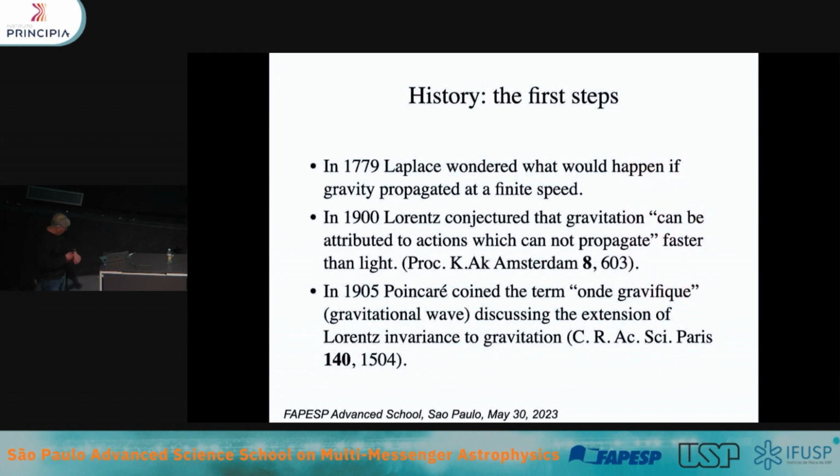And Laplace thought about what would happen if gravity propagated at finite speed, and he had a very particular motivation. He was trying to explain the motion of the moon. What is interesting here is you think, well, the Earth is telling the moon how to move, taking a finite amount of time, and the moon is taking some time to register that and getting back to the Earth, and so on and so forth.